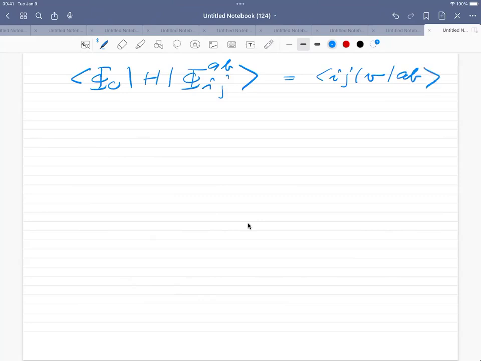So if I'm writing this now in terms of diagrams, when I write it diagrammatically, if I were to use the particle formalism, this is given by ij, and then I have a state AB coming in.